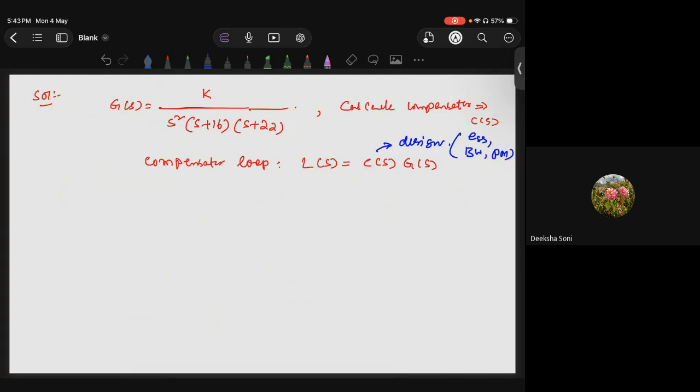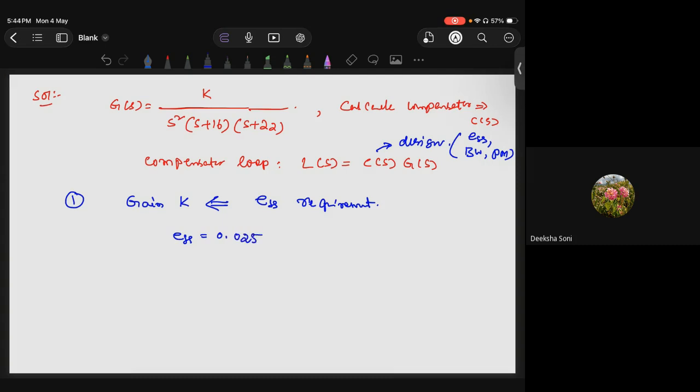Okay, so let us start one by one. First, the gain K. From the steady state requirement, let us find the gain K from the ESS requirement. What is the ESS requirement we have? ESS requirement is 0.025.